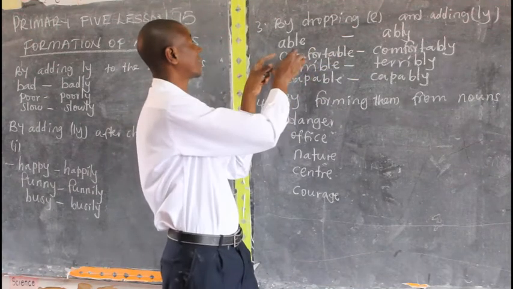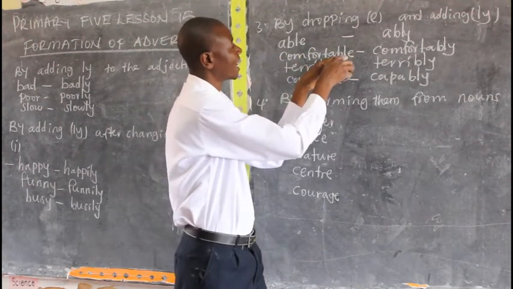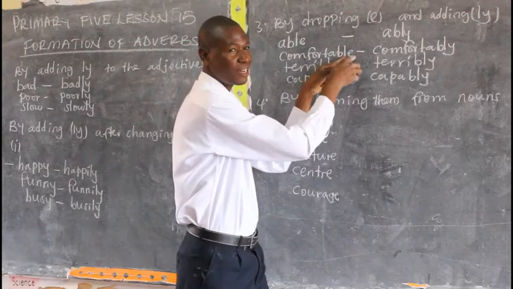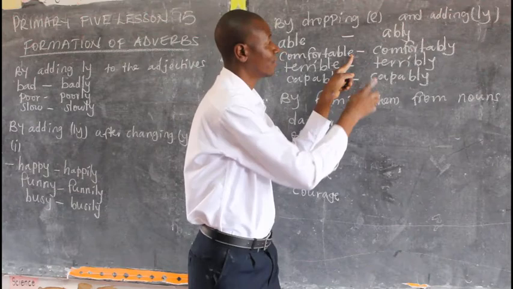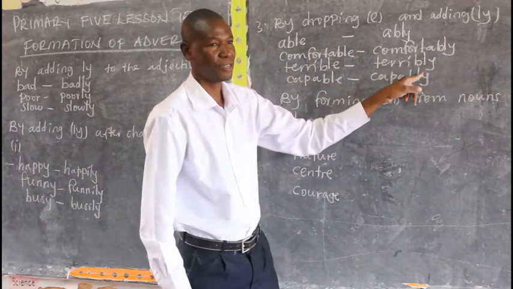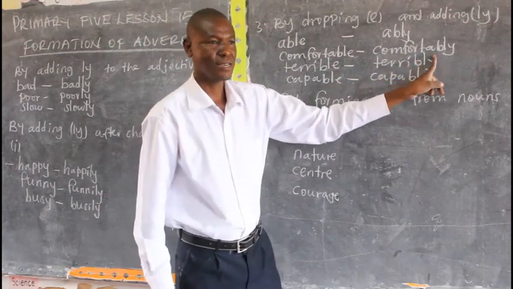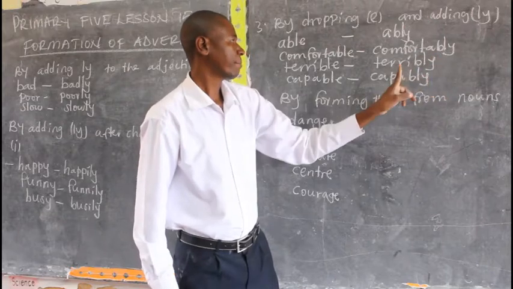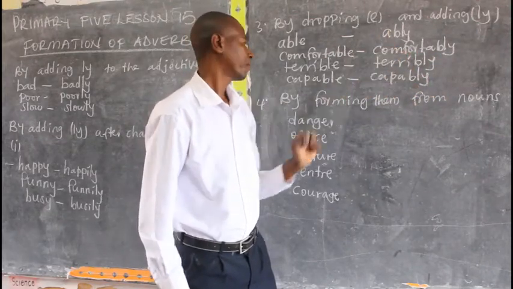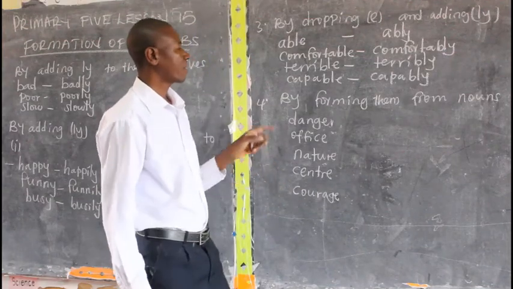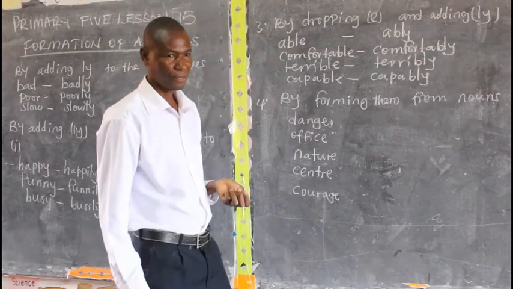All these adjectives which end with le form their adverbs by dropping letter e. That is the reason why they appear here without letter e. Capably, terribly, comfortably, ably.